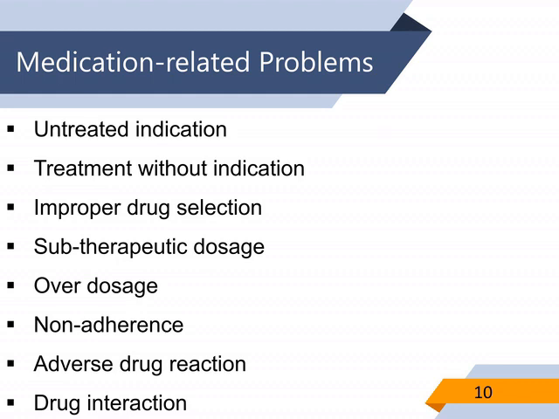Subtherapeutic dosage: the patient has a medical problem that is being treated with too little of the correct medication. Failure to receive medication: the patient has a medical problem that is the result of not receiving a medication, for example, for pharmaceutical, psychological, sociological, or economic reasons.